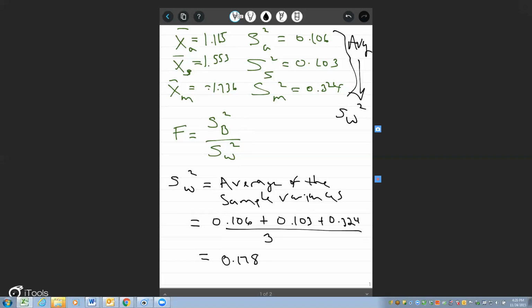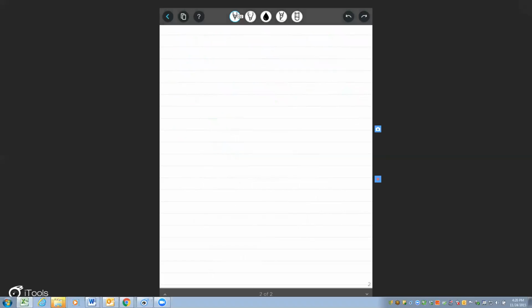To get S sub B squared, that's n times S sub X bar squared.